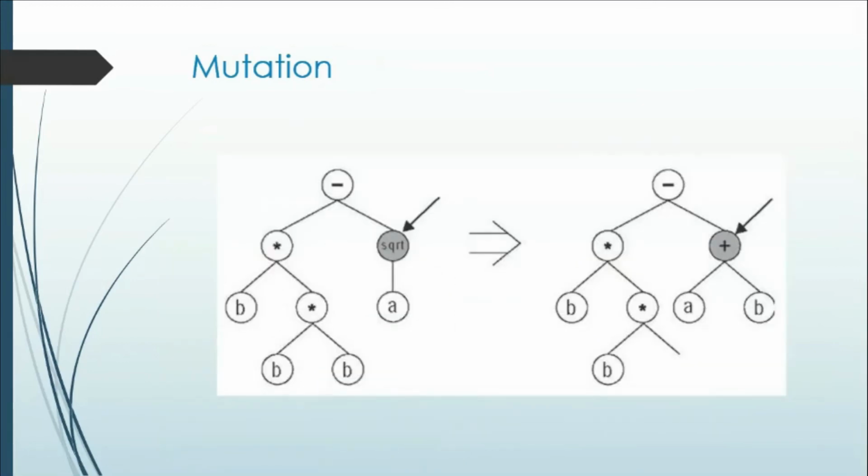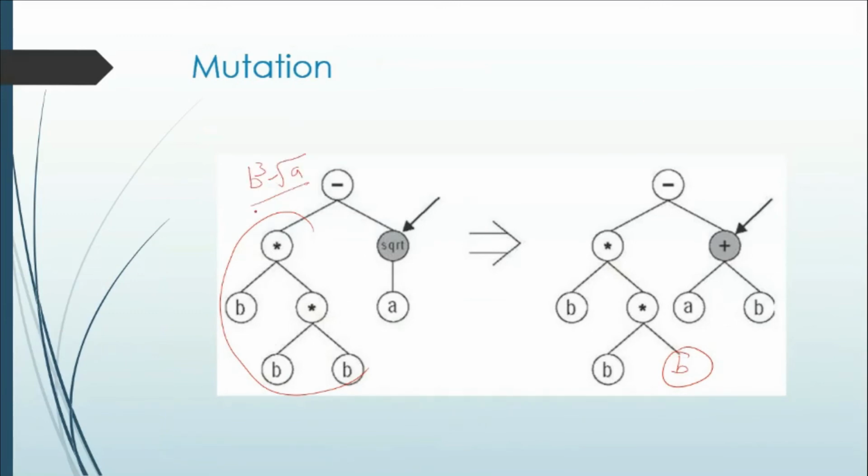And another type of mutation operator, that is another example of mutation operation. Here this involves b, another b. So this is b squared, b into b is b squared, b into b, so it is b cube. This is b cube minus square root of a.